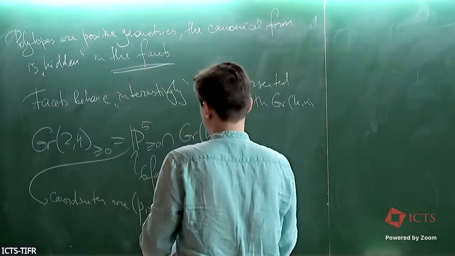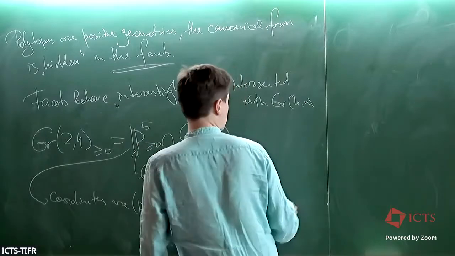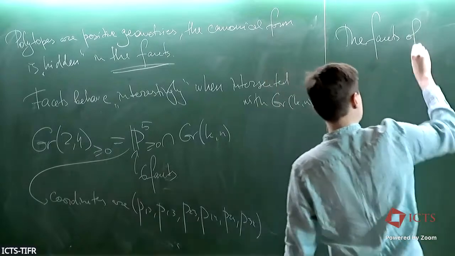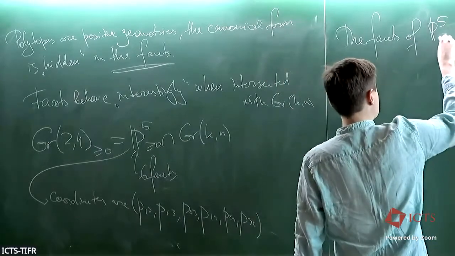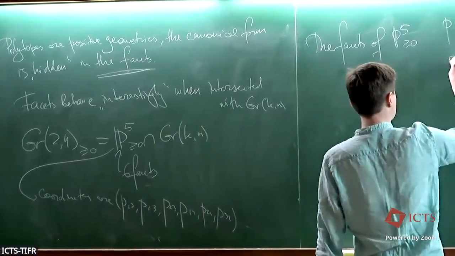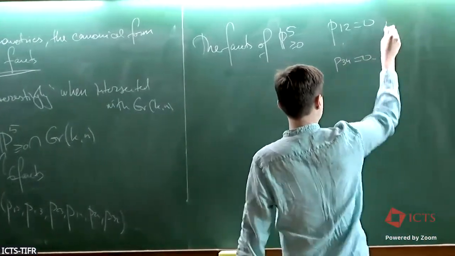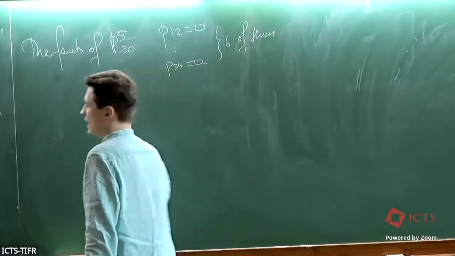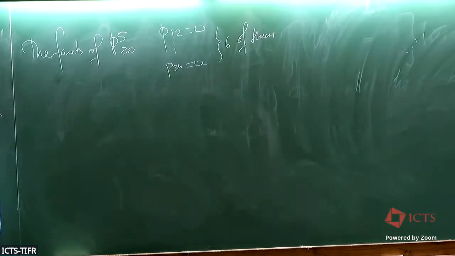The facets of the simplex are simply these coordinate hyperplanes, P12 and so on till P34 equals 0, and there are 6 of them. And then you intersect this with the Grassmannian.